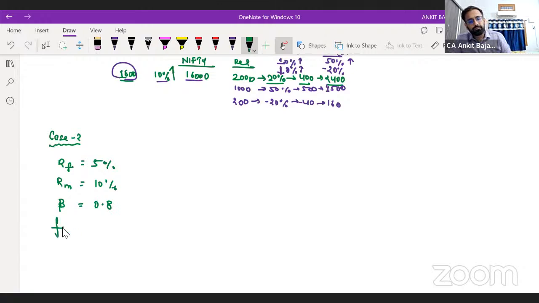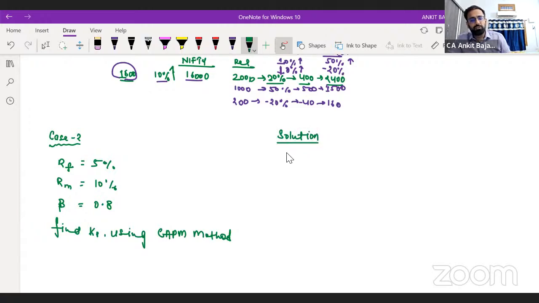Find out the cost of equity using the CAPM method, right? So what is the formula? I will write down the solution here, just adjacent to the case.